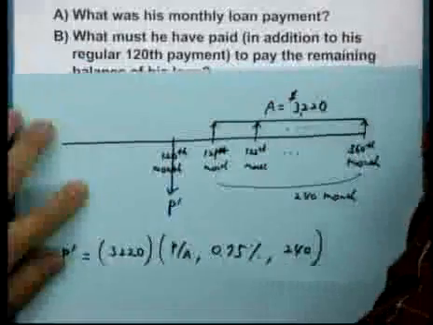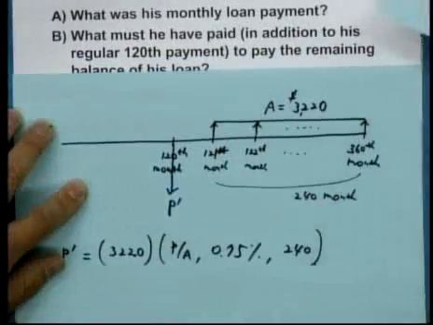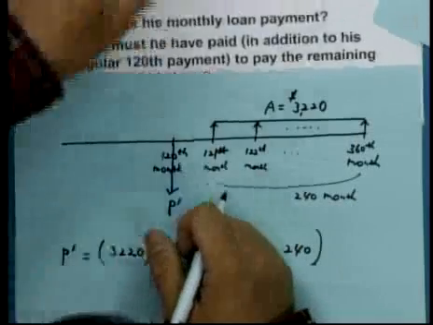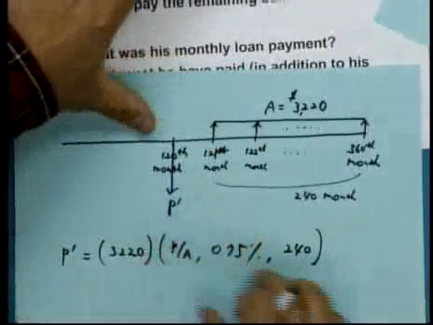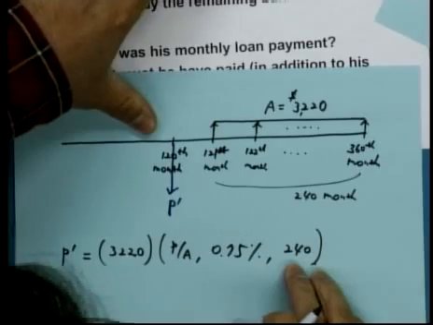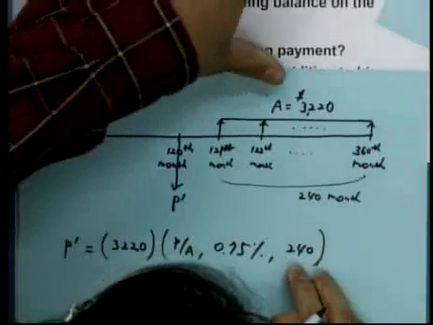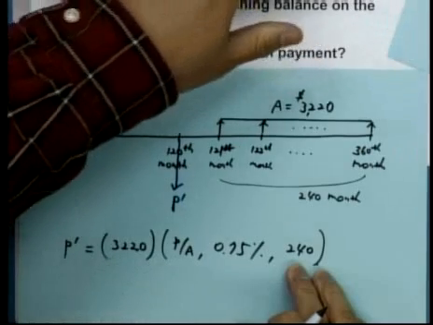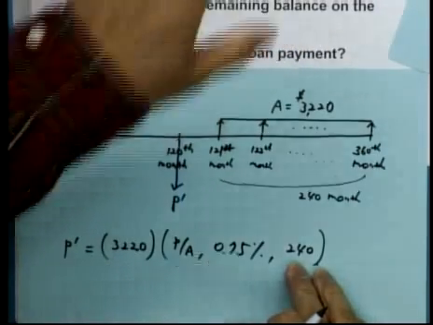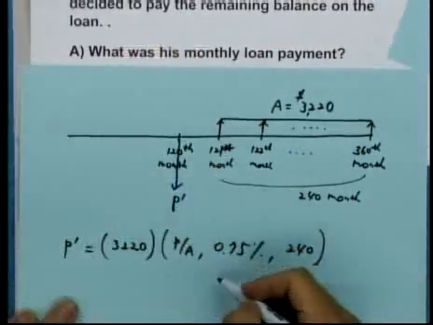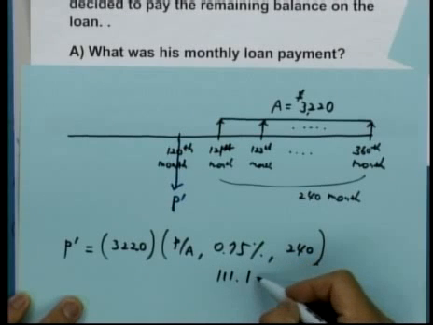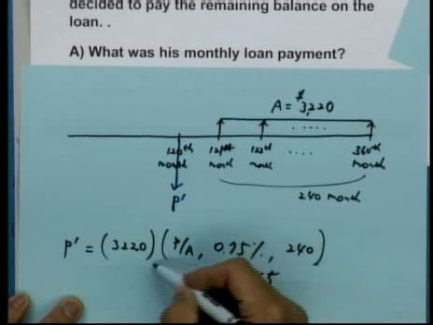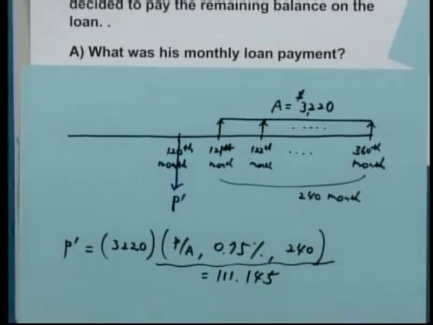Okay, and the page number 597 provides this factor value, P given A over 240 periods. That is 111.145. Okay?